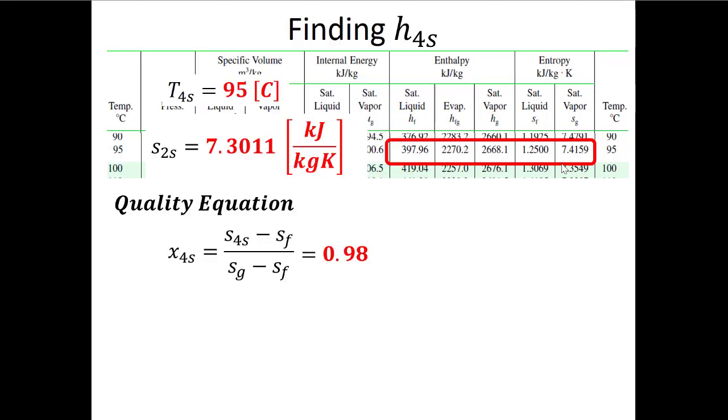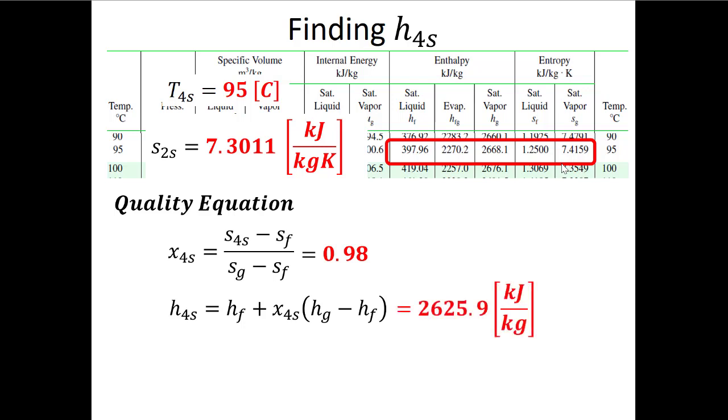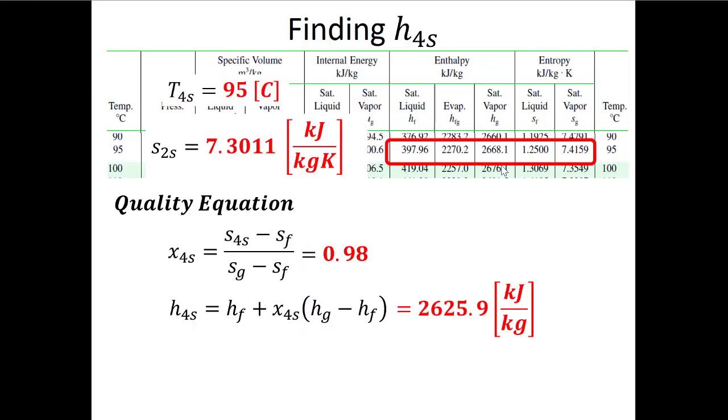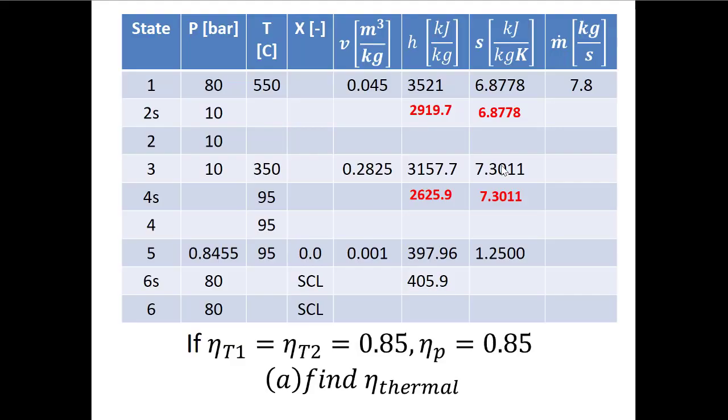Then I use my equation for quality to find the specific enthalpy at this isentropic outlet, and in this case, that's 2,625.9. I look at this and I see this is pretty close to Hg. That feels pretty good. I have reasonable confidence that this answer is correct. So I put this into my state table as well.